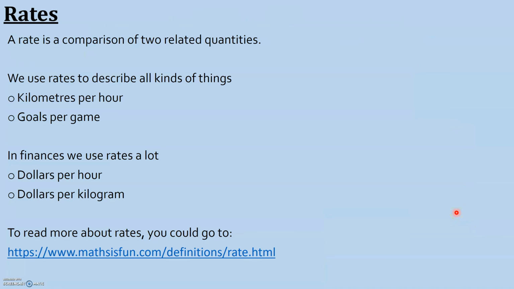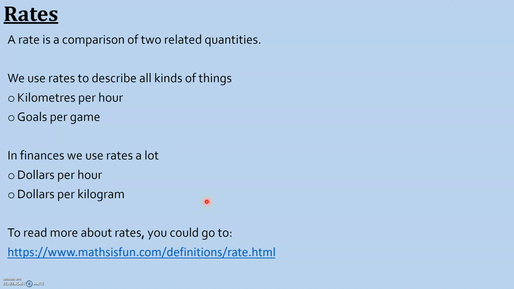Alright, rates. A rate is a comparison of two related quantities. So you use rates all the time in normal life. Maybe you're talking about the speed of a car in kilometers per hour, or if you're into sport, you might use some metric of goals per game, or whatever sport you're into probably has some sort of rate in it.